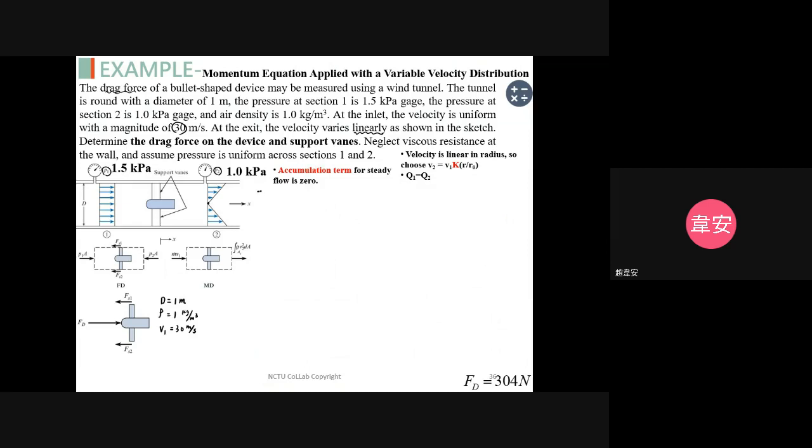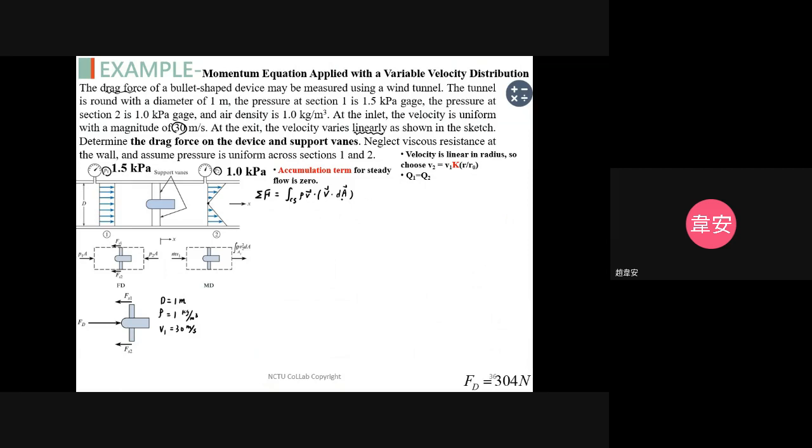So we know the sum of the forces should be equal to the control surface integration of rho and the velocity vector V multiplied by the capital V, the velocity crossing through the control surface, dot small a, the cross-section area vector.